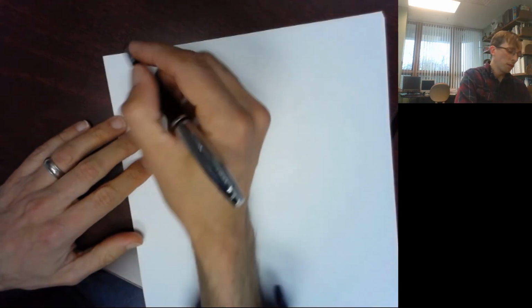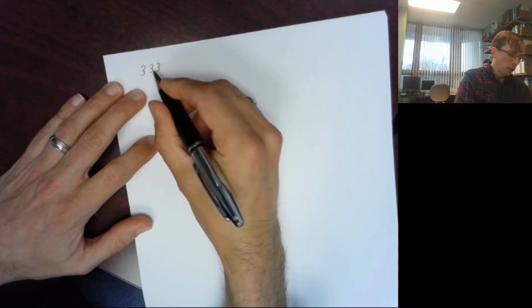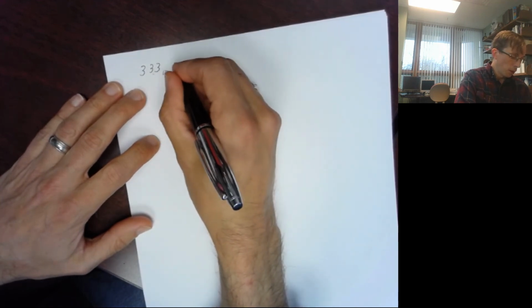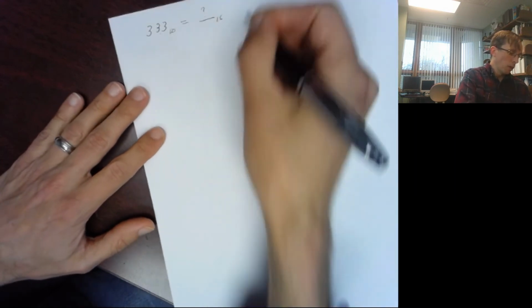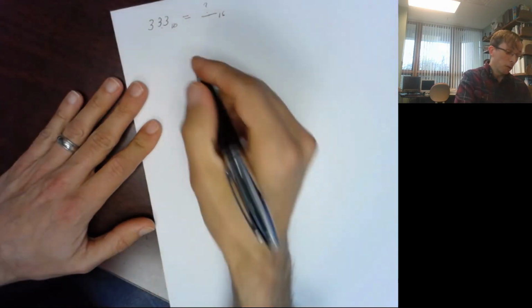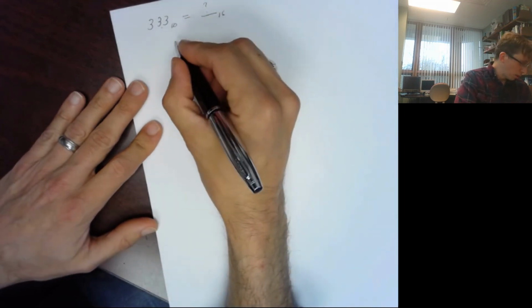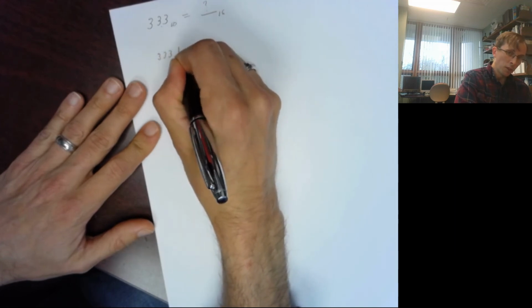Okay, so the next topic is converting a decimal value to hexadecimal. So let's say we want to convert 333 in decimal, sorry, and we want to know what it is in hex, okay? So we'll use the division by 16 method, repeated division by 16 at that. So we'll take 333, divide by 16.